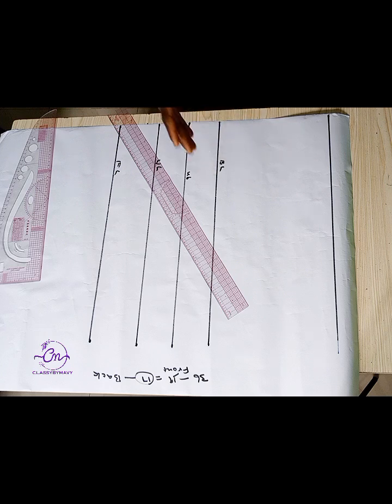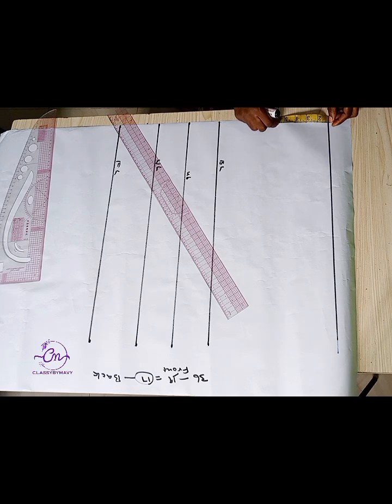But before I insert that bust measurement, I want to determine my chest line. Okay, that is measuring from your shoulder to your armhole. This measurement can be derived by calculating your bust circumference divided by 6 plus 1.5.